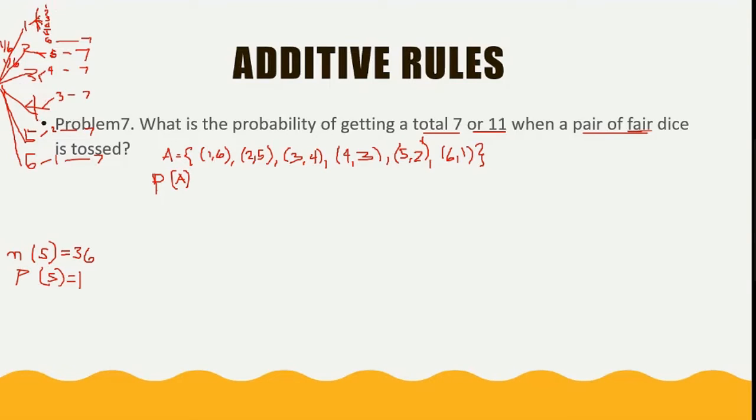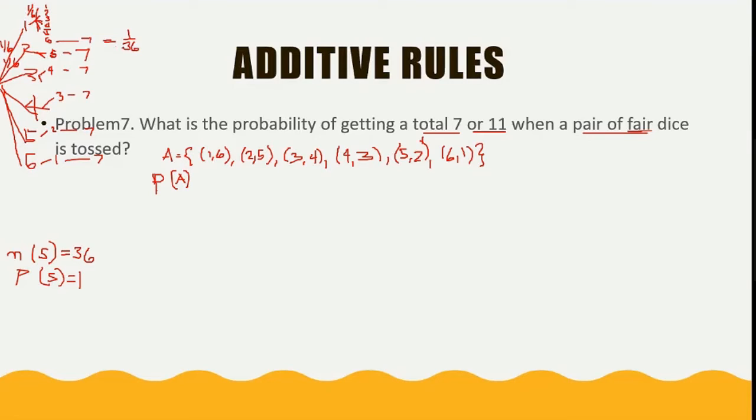Same with the second die, we have also 1 over 6. So that's 1 over 6 times 1 over 6. Each of the possible outcomes for tossing a pair of fair dice has 1 over 36 weight or probability.